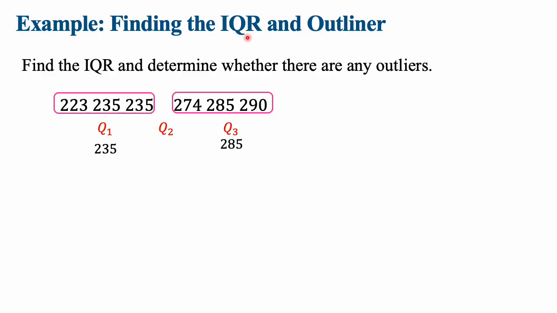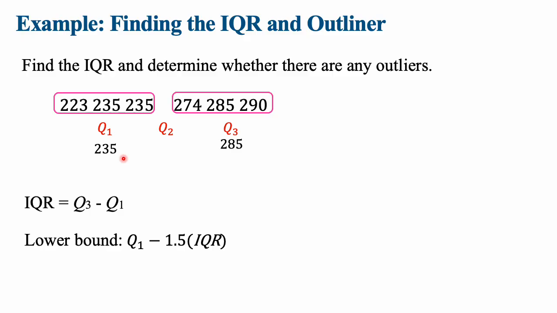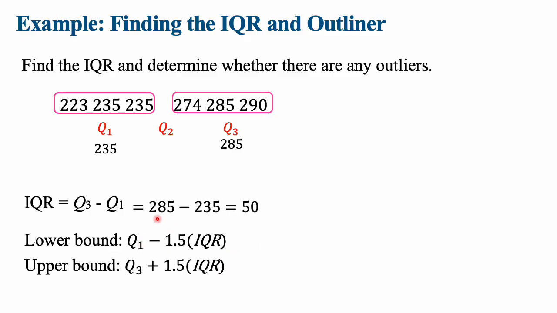Now, can you calculate IQR? Interquartile range is Q3 minus Q1. Q3 is 285, Q1 is 235. We have to do it, right guys? 285 minus 235, that's 50.